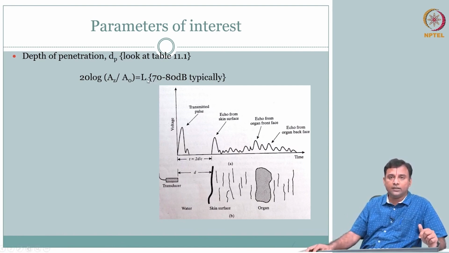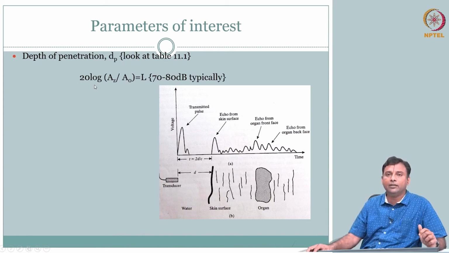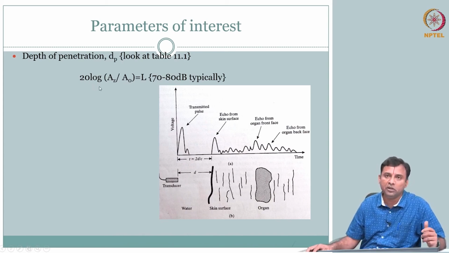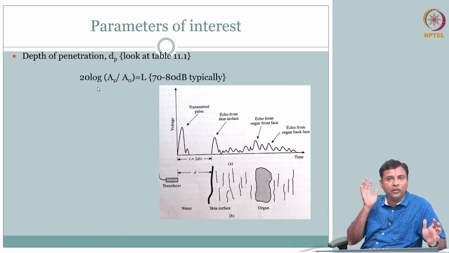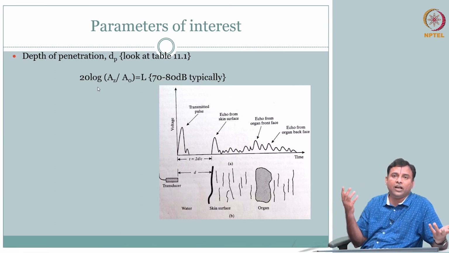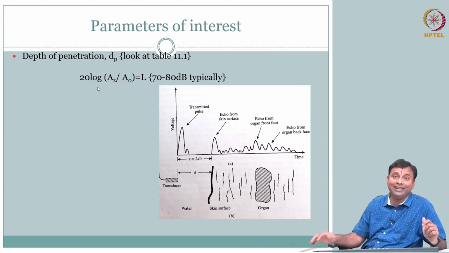This is your loss in dB, which is nothing but Az. What is Az? Amplitude at location z. A0 is the amplitude of the pulse that you sent. So Az can go down 80 dB, essentially it can go so small until which you can recover. Anything beyond that, if Az reduces any further, you won't be able to recover. Then there is no point in listening to the echo, because you cannot recover anything.